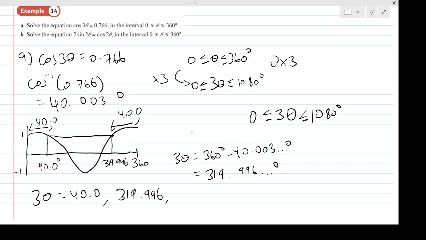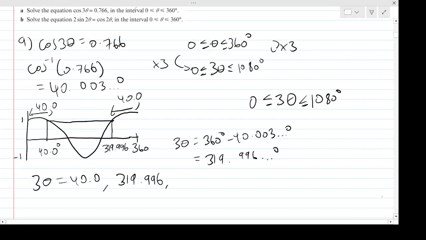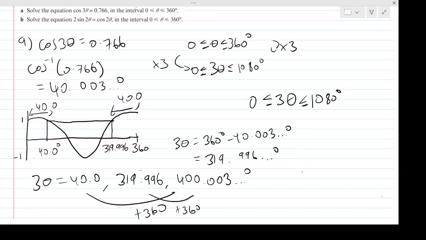So to obtain the other solutions, we need to add 360 on to our current solutions. If we do that, well, this 40.0 add 360 would be 400.003 degrees. And then we need to add 360 to the next one.